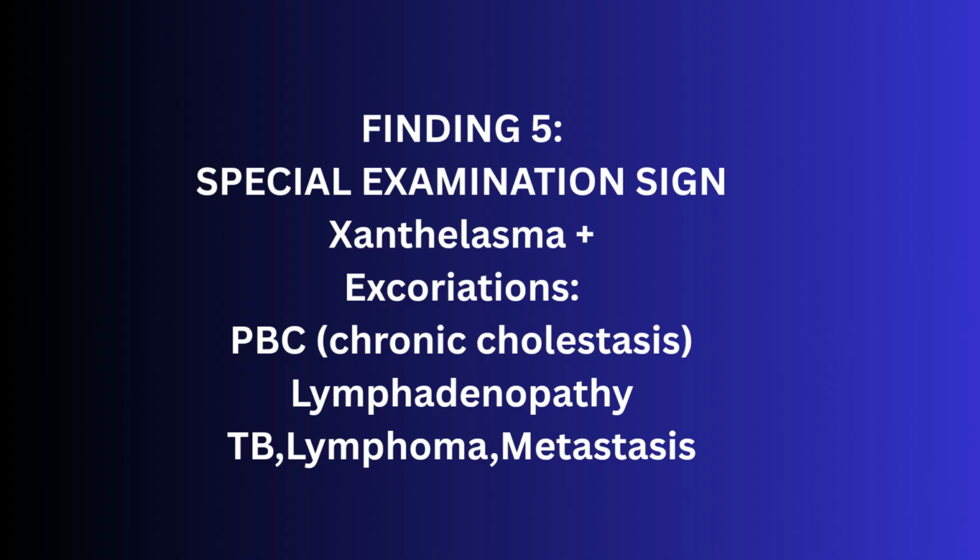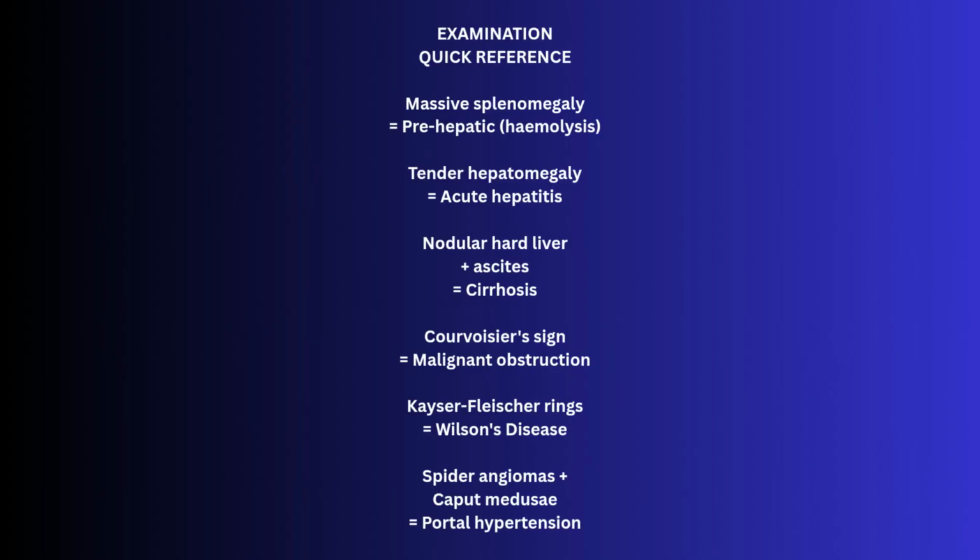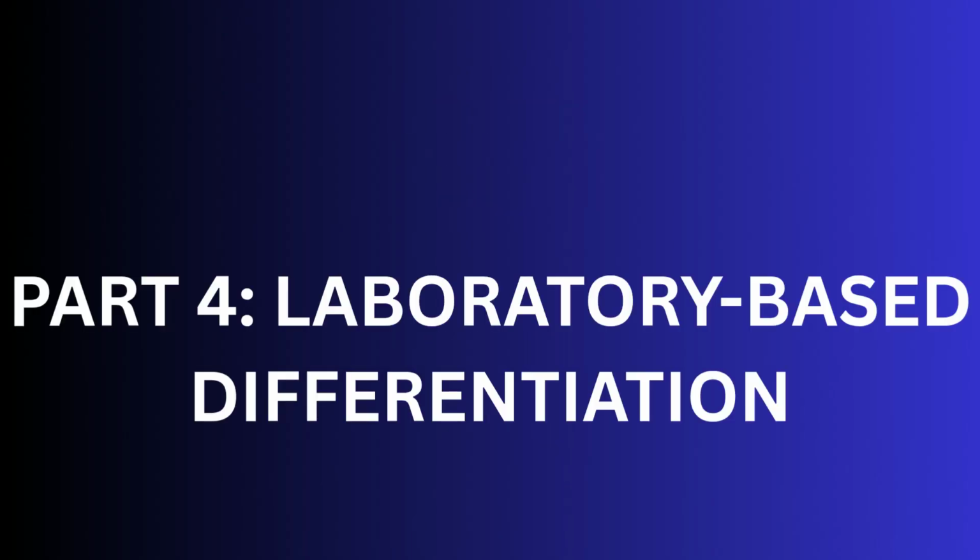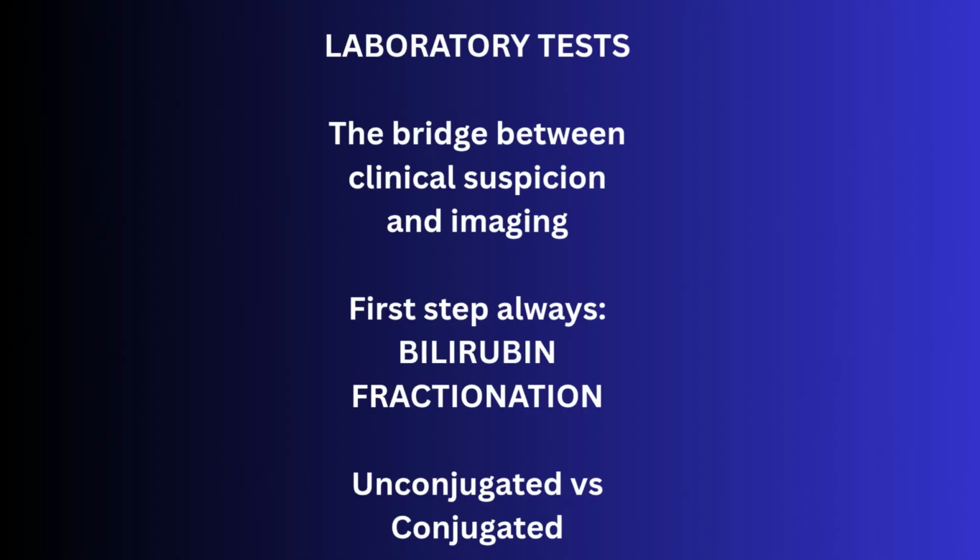By the time you finish history and examination, you often already have a strong working diagnosis, even before the first blood test or ultrasound. That is the power of integration. Laboratory tests bridge clinical suspicion and imaging. And the very first test in any jaundice workup: bilirubin, unconjugated versus conjugated.